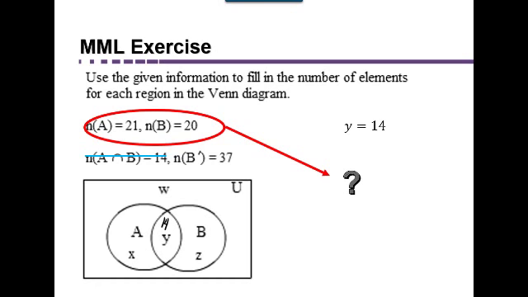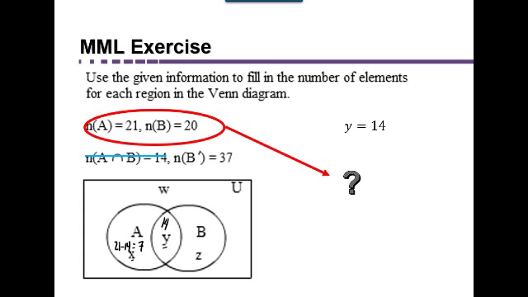The set A is comprised of X and Y elements. So there's only one value missing from here. We know that there are 21 elements split between X and Y, and if Y is 14, that must mean that X is 21 minus 14, which is 7 elements.